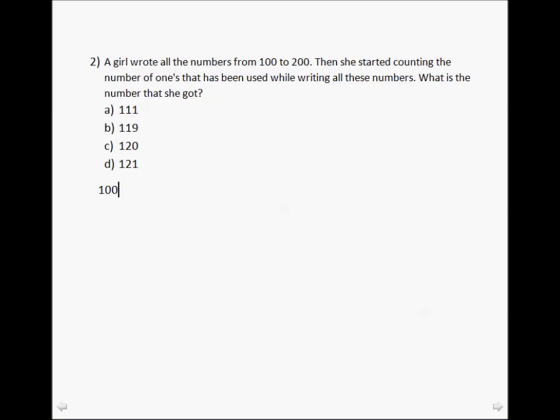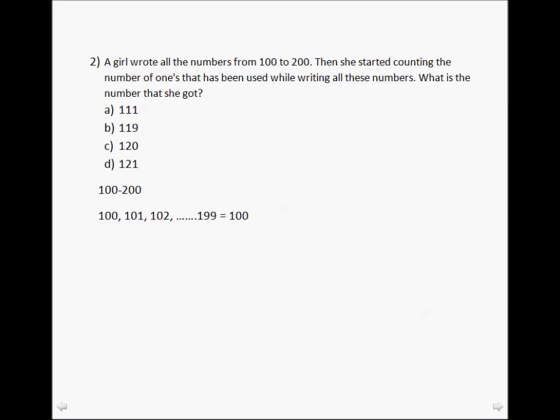We know that from 100 to 200 there are 101 numbers, right? Out of this the numbers which start with 1 are 100, 101, 102 up to 199. How many numbers are these? These are 100 numbers.